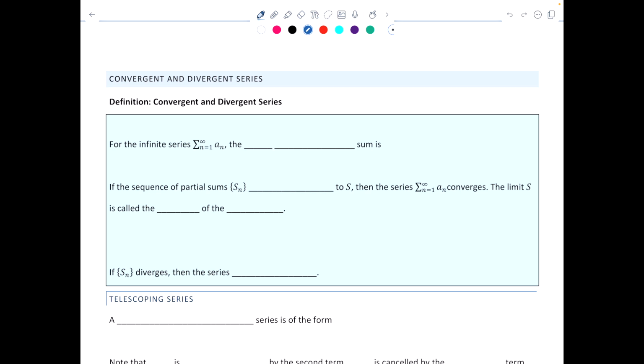First definition, for the infinite series, summation from n equals 1 to infinity of the sequence a sub n, the nth partial sum is the summation from i equals 1 to n of a sub i, which would be a1 plus a2 plus ... plus a sub n.